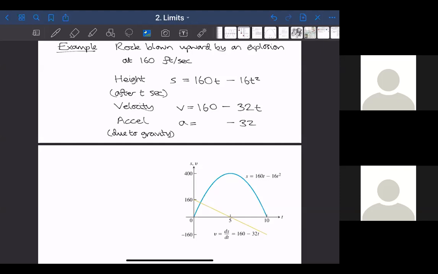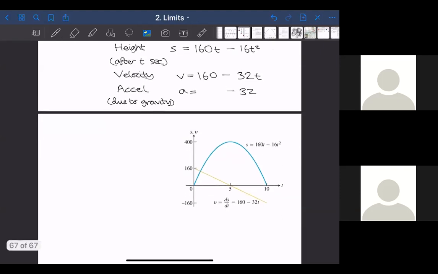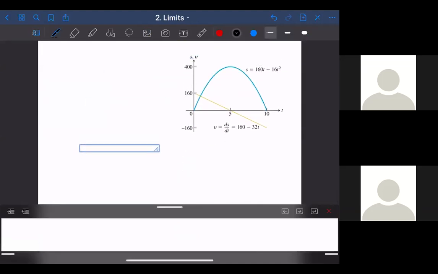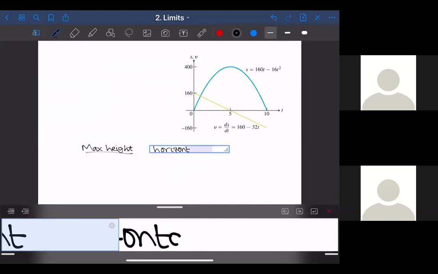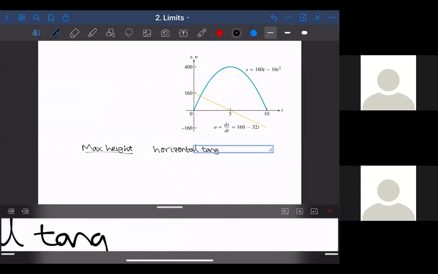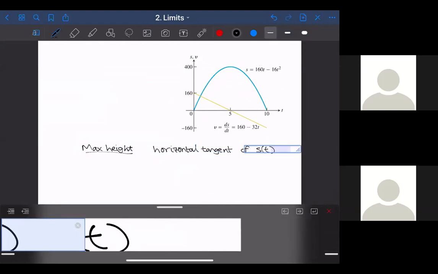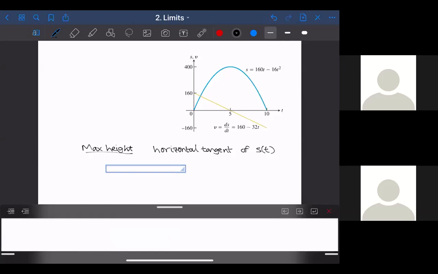So let's calculate the maximum height. So maximum height happens when we have a horizontal tangent of S(t), and that's if and only if S prime t is 0.